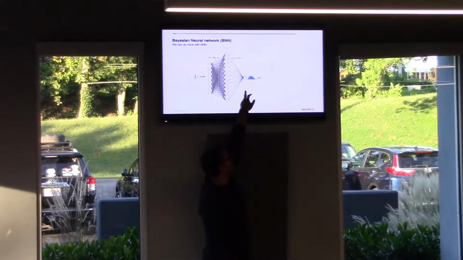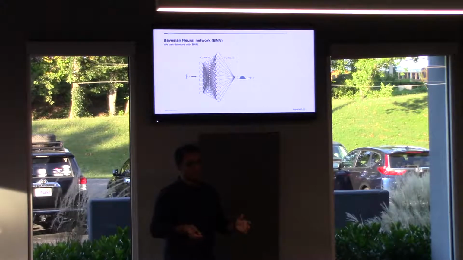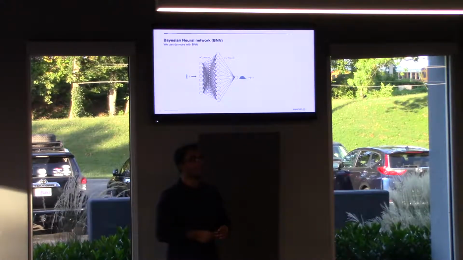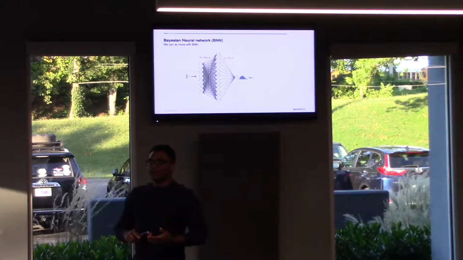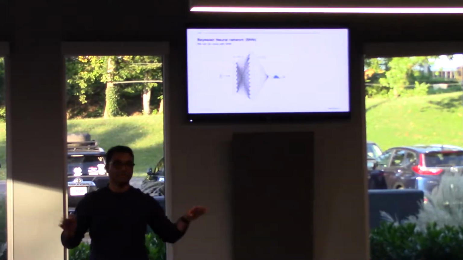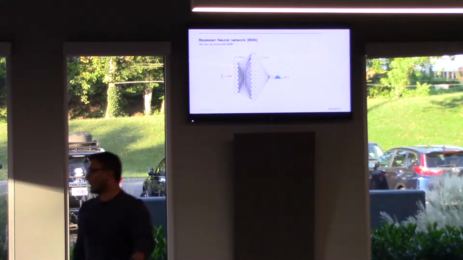But in this case, it's going to give you a distribution. And whenever you have a distribution, you could calculate all sorts of statistics, for example mean, standard deviation, entropy, and many others. So see how it could solve the uncertainty.